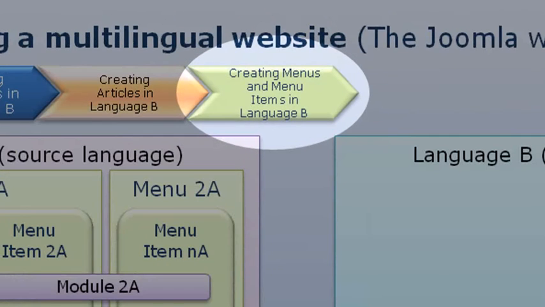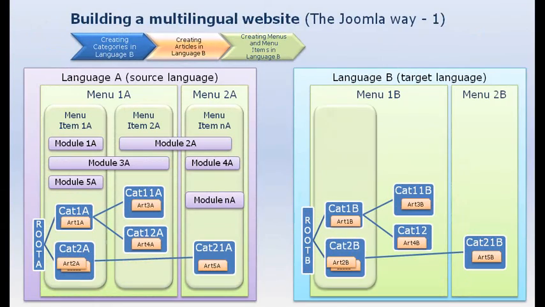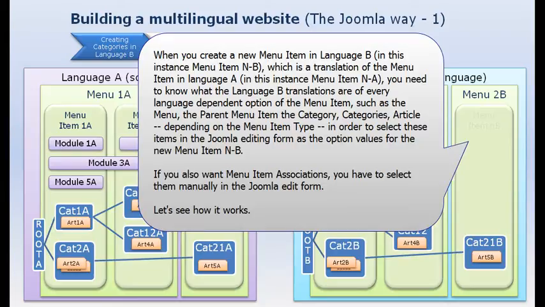Now let's move on to creating menus and menu items. When you create a new menu item in Language B, in this instance menu item NB, which is a translation of the menu item in Language A, in this instance menu item NA, you need to know what the Language B translations are of every language-dependent option of the menu item, such as the menu, the parent menu item, the category, categories, article, depending on the menu item type, in order to select these items in the Joomla editing form as the option values for the new menu item NB.